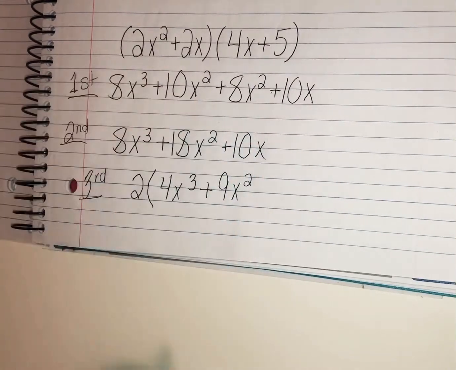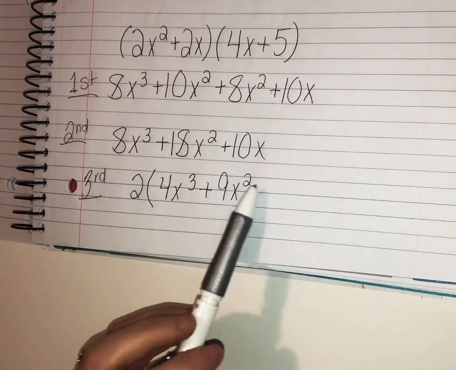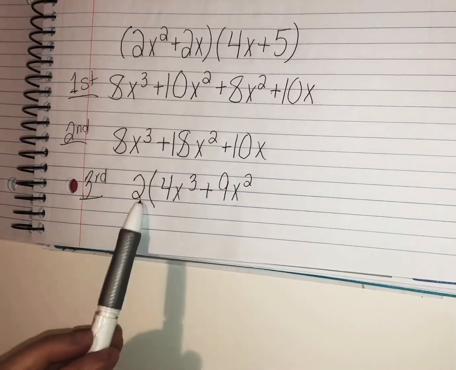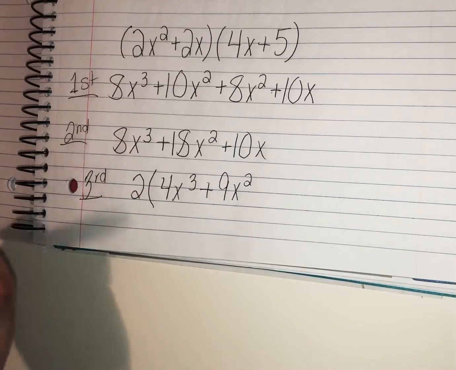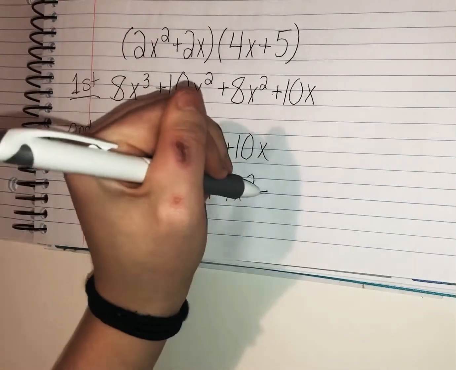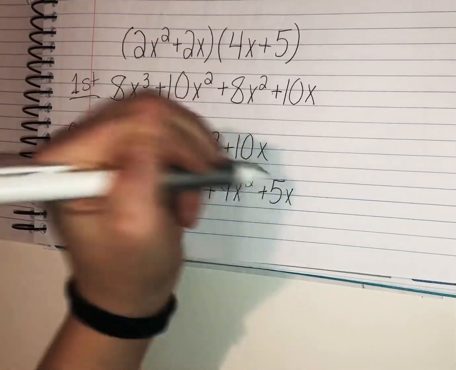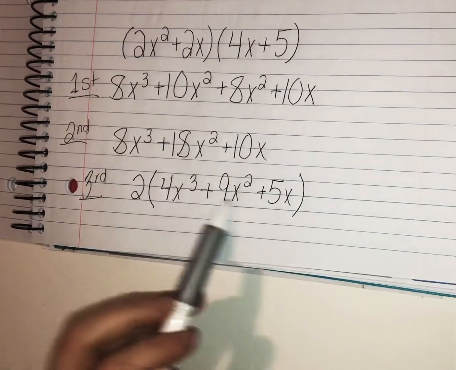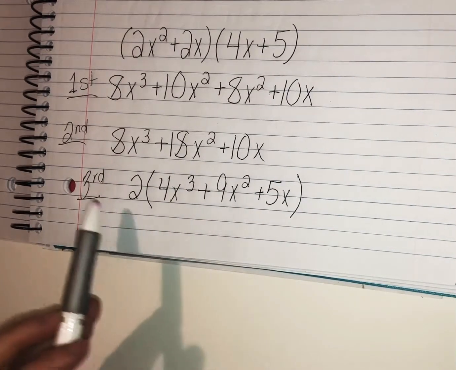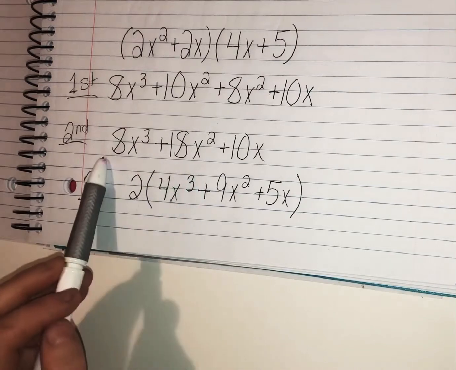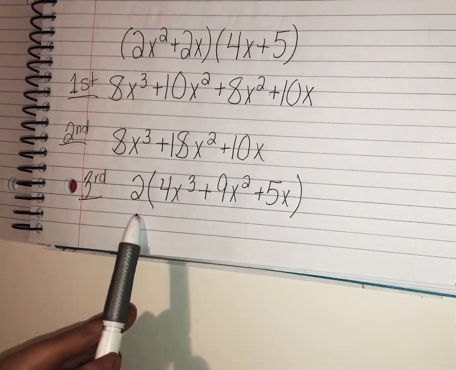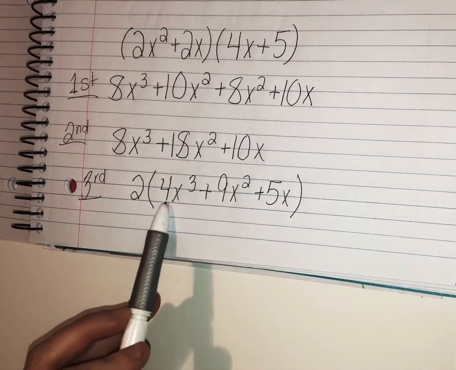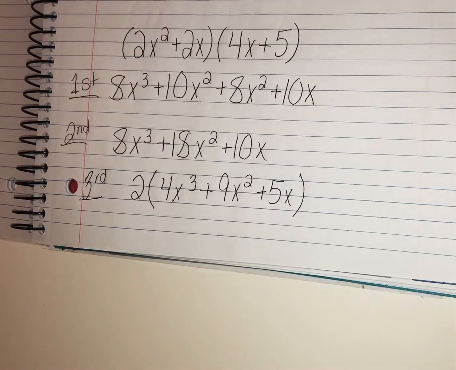Just keep the same ending for now. And then lastly, 10x divided by 2 is going to give us positive 5x. So you see I kept the same variables. I didn't do anything with those yet. All I did was divide each of these numbers, 8, 18, and 10, by 2, and I put that answer here. So we're almost done.